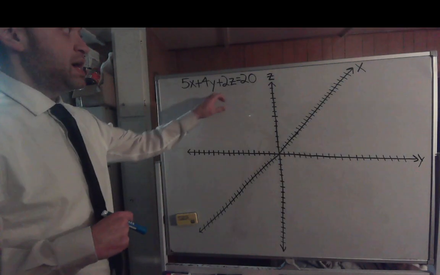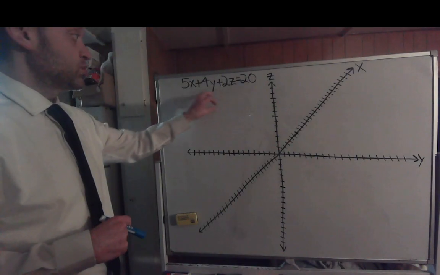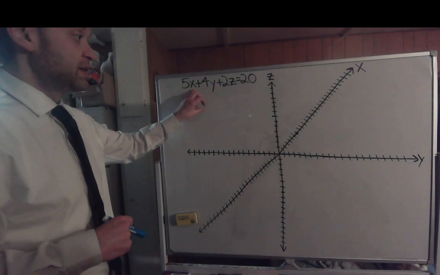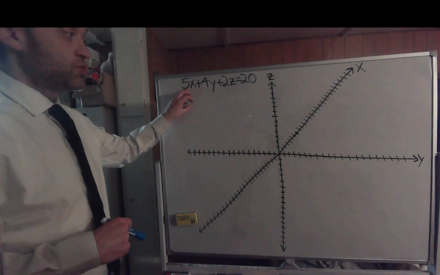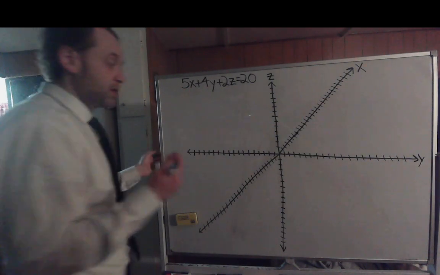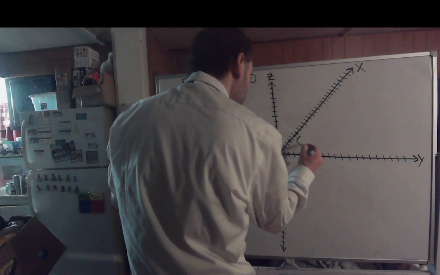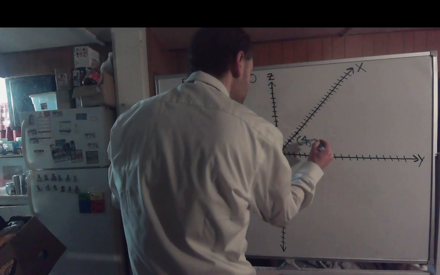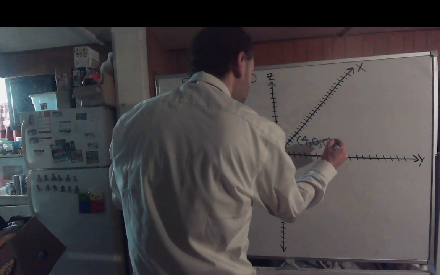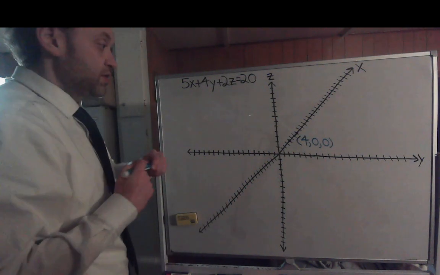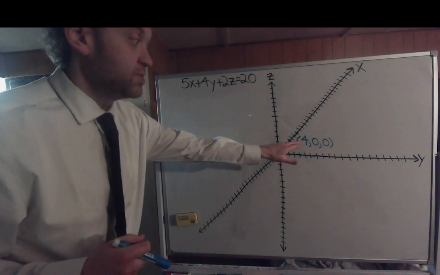You'll set both y and z equal to 0 to find your x-intercept, which would give you 5x equals 20, giving you x equals 4. So your x-intercept would be located at 4 for your x-coordinate, then 0 and 0 for your y and z coordinates. So your x-intercept is at 4, 0, 0.